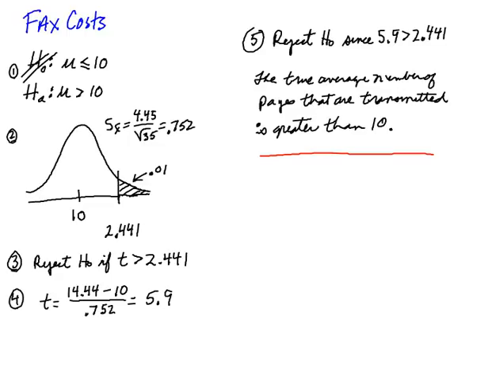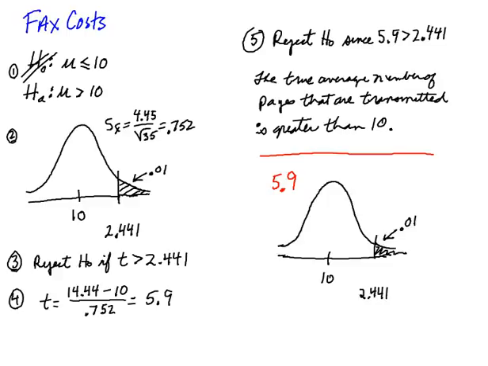Now, if we consider running this test using the p-value method, it's not going to take long here to realize that the 5.9 test statistic for my 14.44 sample average at 34 degrees of freedom is off the chart.